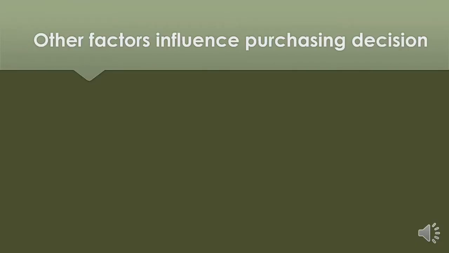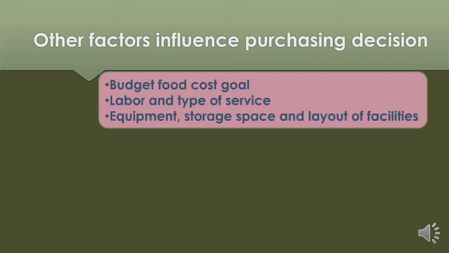Well, we went through the 5 factors for purchasing decisions, and there are still other factors that influence purchasing decisions. There are 3. The first one is the budget food cost goal. Any restaurant is running a business, so profit is the main point for them. So a food budget is very necessary.